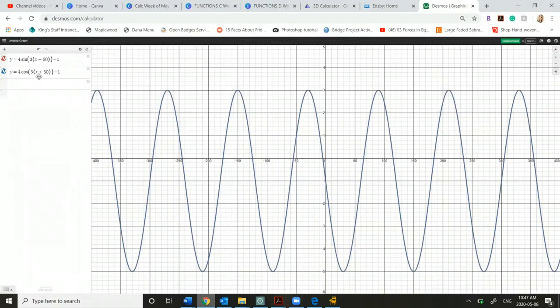All right, so I've graphed both functions, as you can see over here in my little legend. And if I make one of them disappear, they're exactly overlapping graphs. So we can see visibly now that these two functions are producing the same graph for us.